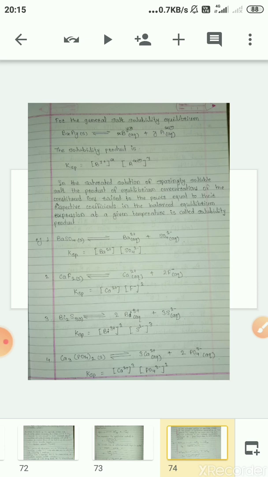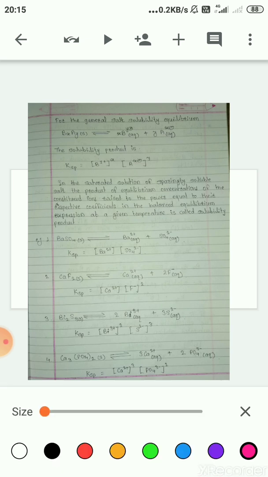Every salt does not have the same valency or carry the same charge. So first we have to write the equation for a general salt. We have considered here the salt BxAy, in which B carries a positive charge and A carries a negative charge.